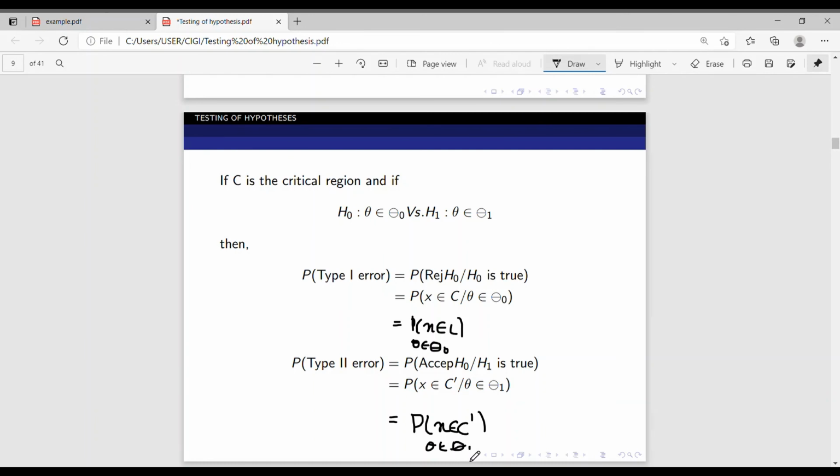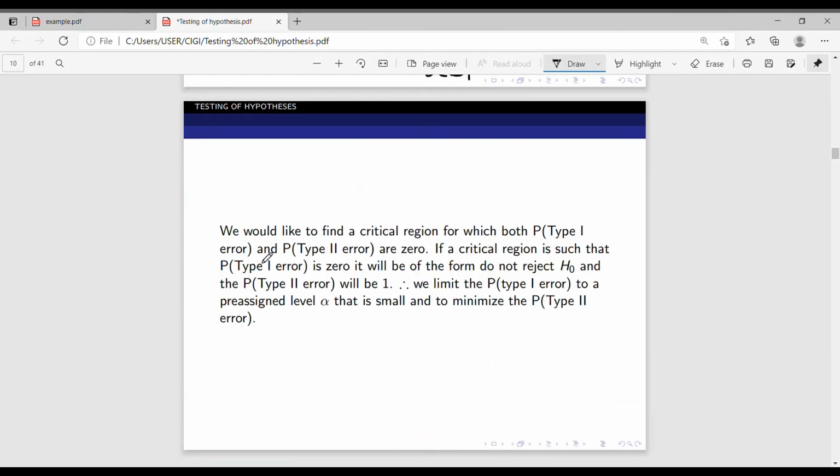capital theta 1. That is, we would like to find a critical region for which both the probability of type 1 error and the probability of type 2 error are 0. If a critical region is such that the probability of type 1 error is 0, it will be of the form do not reject H0.